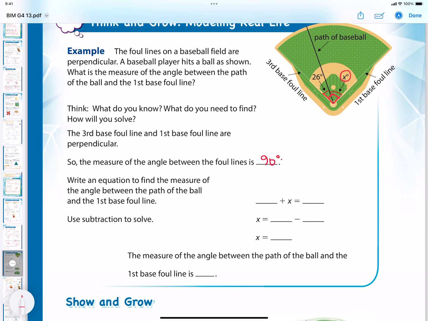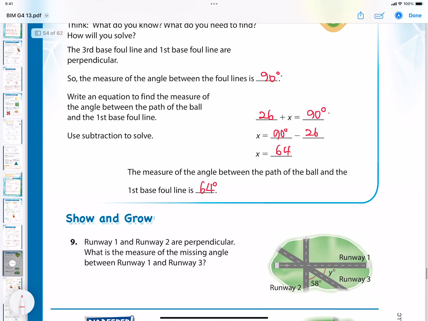Now write an equation to find the measure of the angle between the path of the ball and the first base foul line. 26 plus x has to be 90 degrees, which means 90 minus 26 is equal to x, which is 64. So the angle with the first base foul line is 64 degrees. All right, show and grow.